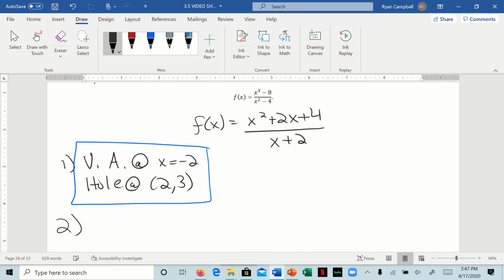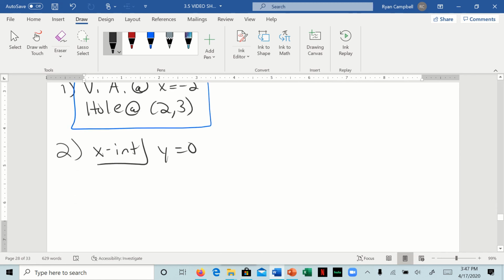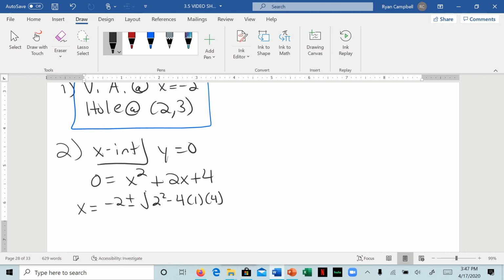Number two, x-intercepts. So let's let y equal 0. So we got 0 equals x squared plus 2x plus 4 after we multiply by the denominator. So we got x is -2 plus or minus the square root of 2 squared minus 4 times 1 times 4, divided by 2 times 1.